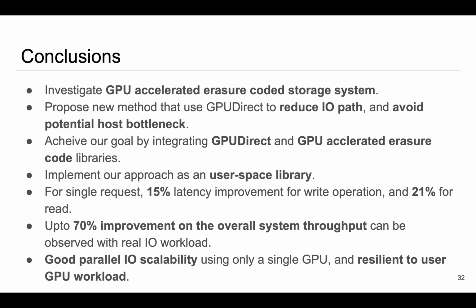Our evaluation showed that for a single request, we have 15% latency improvement for write operations and 21% for read. The overall system throughput under real I/O workload can improve by up to 70%. Our implementation also has good parallel I/O scalability using only a single GPU, and strong resilience to user GPU workload, so the GPU utilization can be maximized.